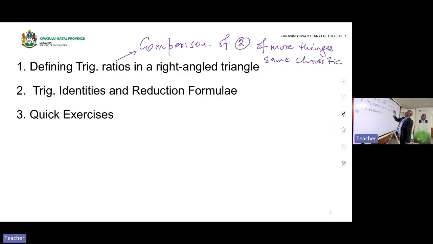So that is a ratio. You are comparing things. What do I mean by that? So in class, you can compare boys and girls because both of them are human beings. But what if you are comparing things that do not have the same characteristics?